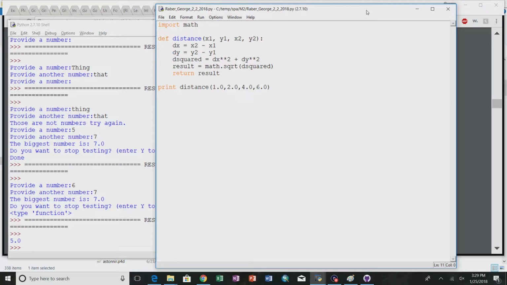So there's a few of those that are even numbered. So I knew that was one of them. That's why I picked that number. So this side right here from 1 to 4 is 3, and from 2 to 6 is 4. So I knew the right answer. So that allowed me to test. Oftentimes when you're testing your code, it helps if you know the right answer, if you know what you're expecting. So if you need to work it out by hand, you can do it.